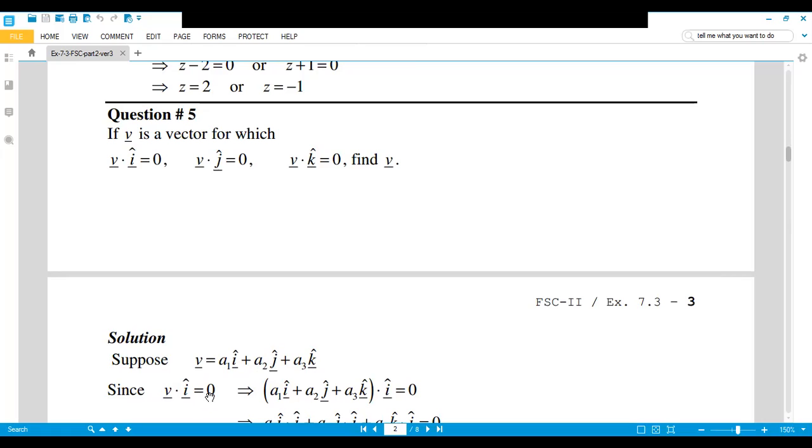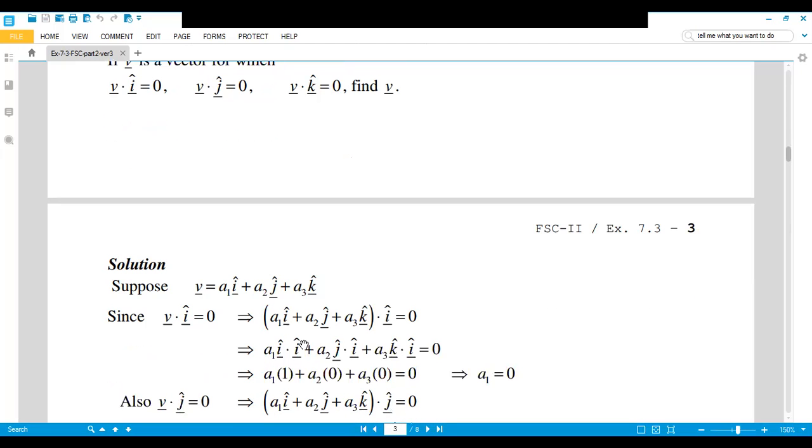V dot i equals 0. So that will be a1 i dot i plus a2 j dot i plus a3 k dot i. You know, i dot i is 1, j dot i is 0, and k dot i is 0. So we get a1 equal to 0.